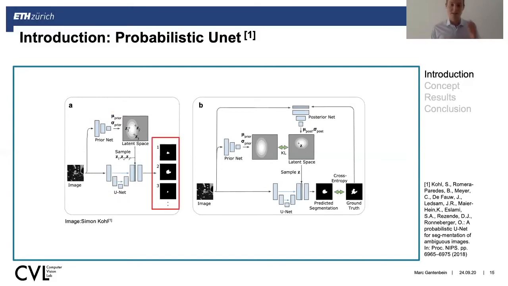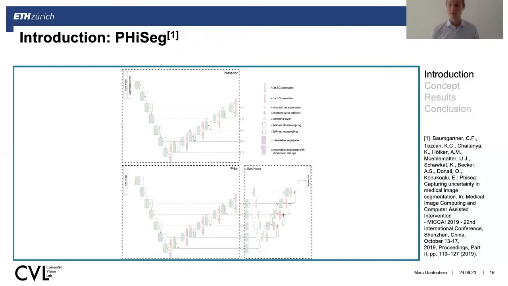We could then sample from this network by just sampling from the latent space, and we would thus obtain different likely segmentations. A direct extension of this network is the PHiSeg architecture. Here we also have the Unet-like structure of the Probabilistic Unet shown before, but instead of sampling the latent space and appending it at the end, we sample on the latent levels of the Unet architecture.